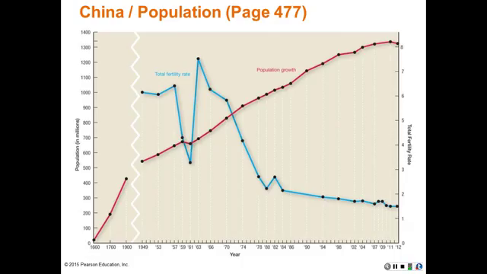In fact, the tapering off has been so obvious to the government that for the first time since the mid-1960s, the government of China announced in October 2015 that it would allow families to have 2 children now because they were concerned about the increasing age of the population and the need to have young workers in order to keep the economy going and growing.